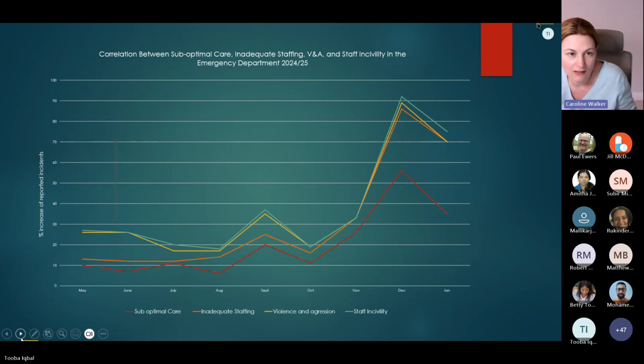I found this really striking information that Becky Hillary from the patient safety team has developed, and this is correlation between radars.